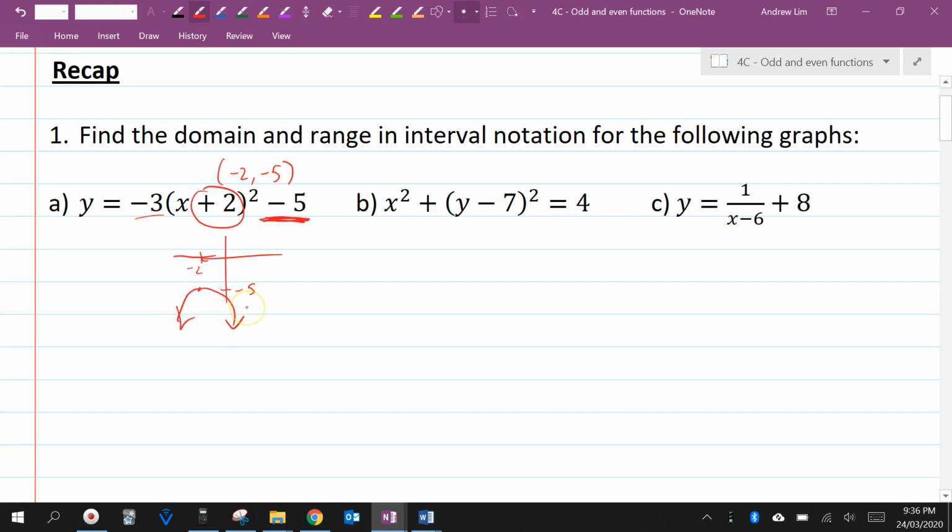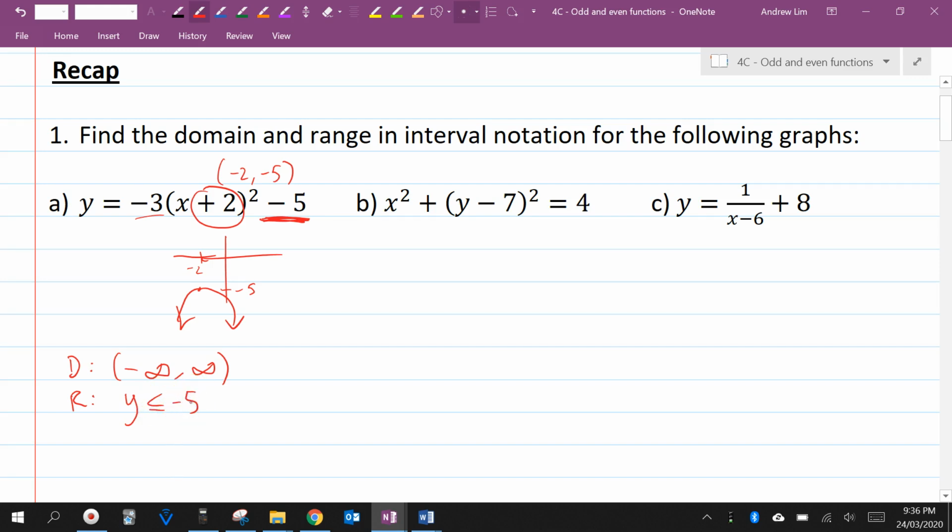Okay, which means that it's going to be all real x, or the domain is from negative infinity to infinity. And the range, because we know that the y value is less than or equal to negative 5. So maybe we can write it like this: y is less than or equal to negative 5.